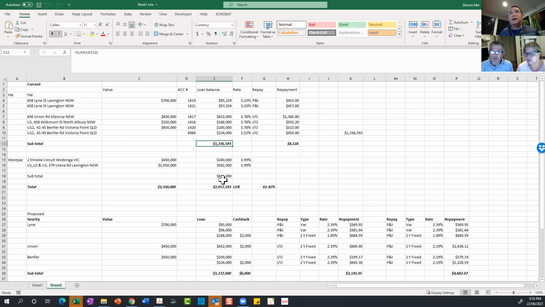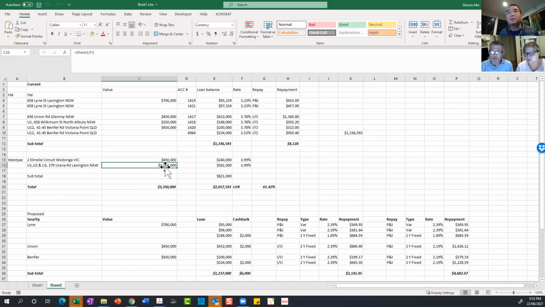Now, if we want to refinance, there are some parameters we need to meet. For example, we want to keep the LVR, loan to value ratio, under 70% so you can get the best possible interest rate with Westpac. That 70% LVR includes your two properties currently with Westpac, which are Elm City Circuit and Urana Road. Right?